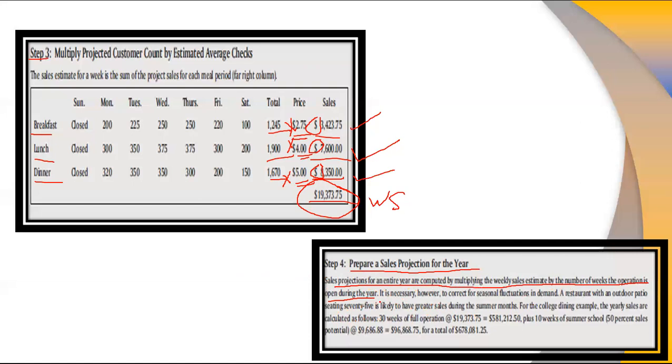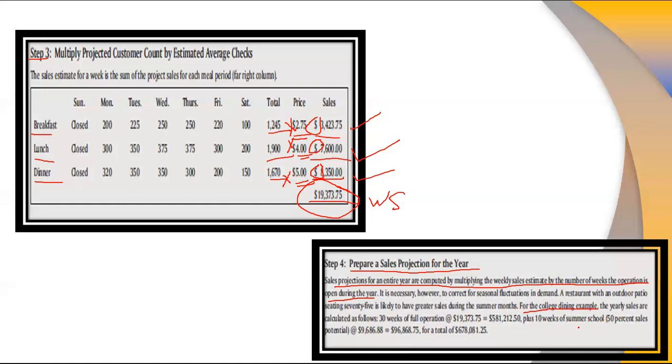Make sure that your business will be open for the whole year in order to get the projection for the year. So you multiply the sales with the number of weeks in a year. That's how you will get the sales projection for the year. You also need to consider holidays in doing so, in order to get the right projection.